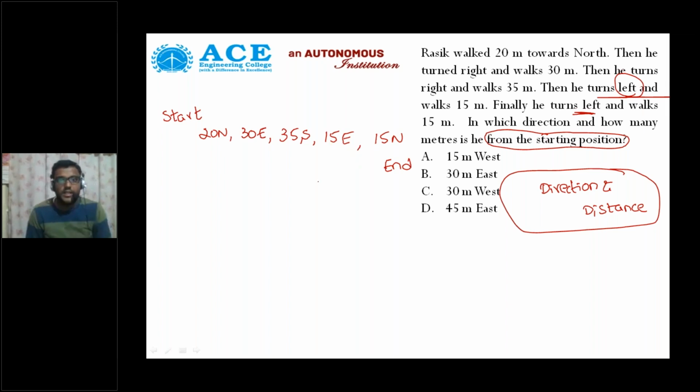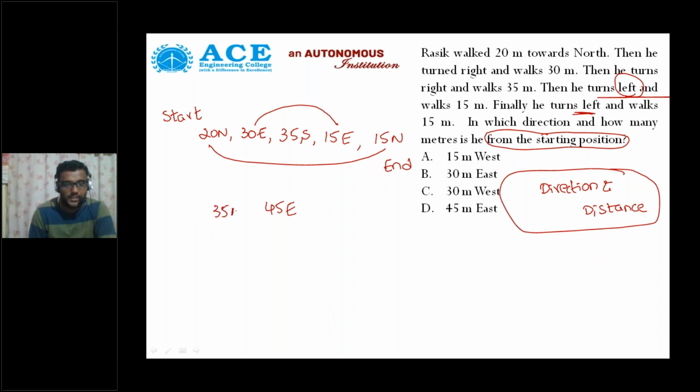Focus here. Combine all east. So what is the east here? 45 east. All east I am combining as simple. All north you combine, so we'll get 35 meters north, and we have already 35 meters south as well.